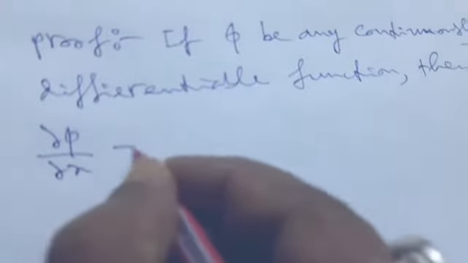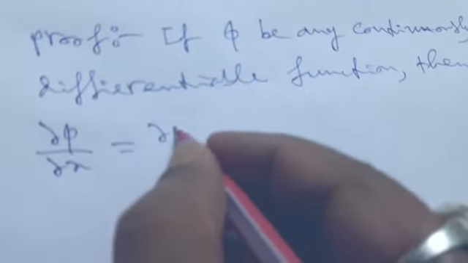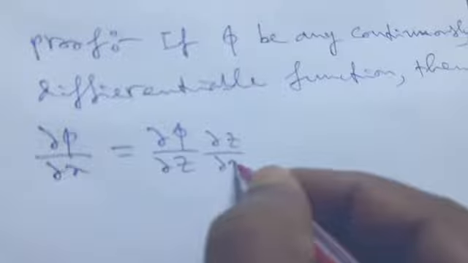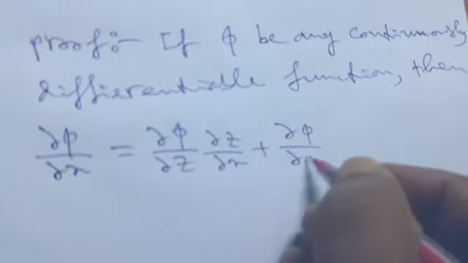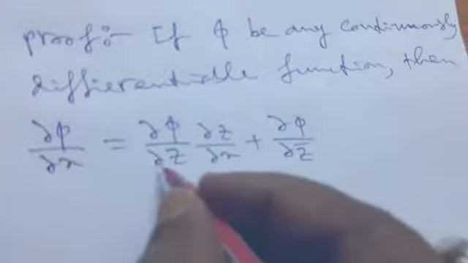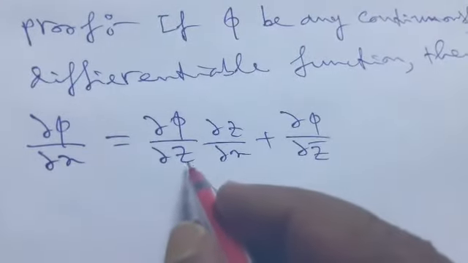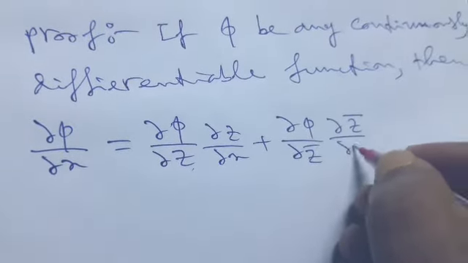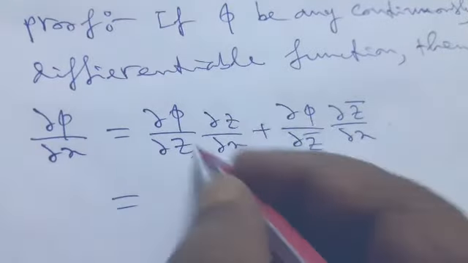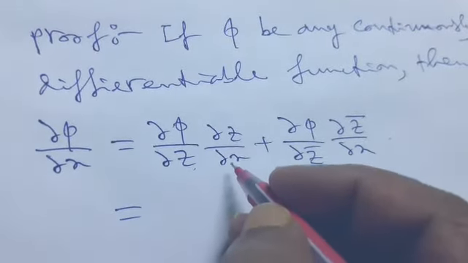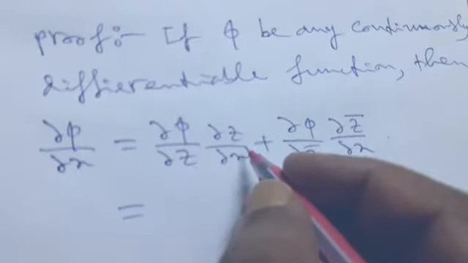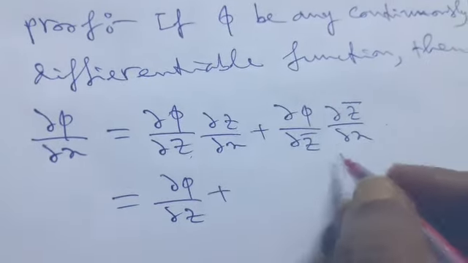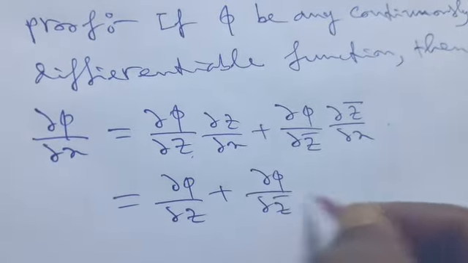Del phi del x, using the chain rule, is del phi del z into del z del x plus del phi del z bar into del z bar del x. Now, using z equals x plus iy, certainly it will be del phi del z plus del phi del z bar.